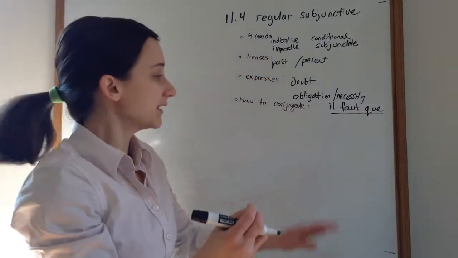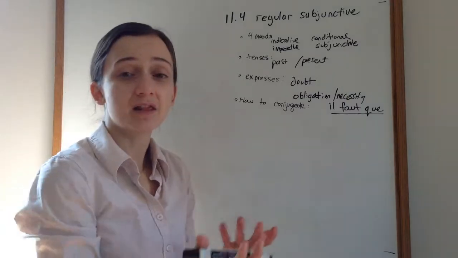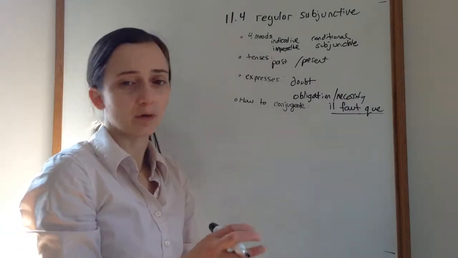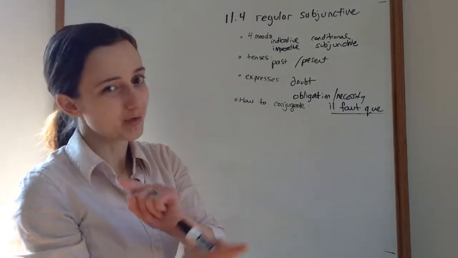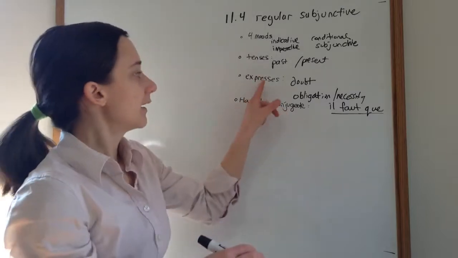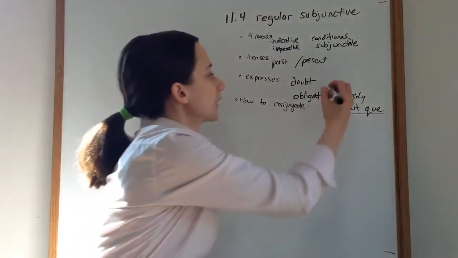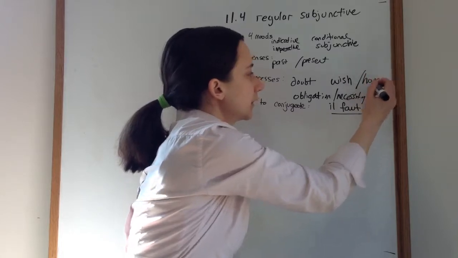Now you'll see, and I'm not going to go too far into this right now, if we add il faut que, now we're going to add the subjunctive after that because we're saying that it is necessary that. And we'll talk about more how that workaround was actually a workaround and how now we can choose to use the subjunctive. But let's get back to this. It expresses doubt, obligation, wish, or hope. Okay?